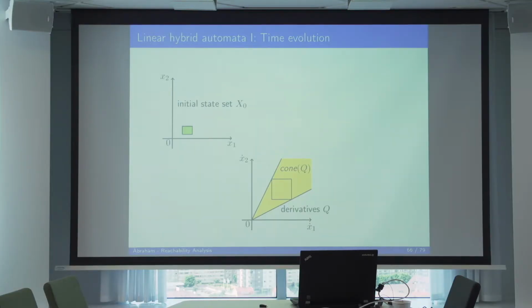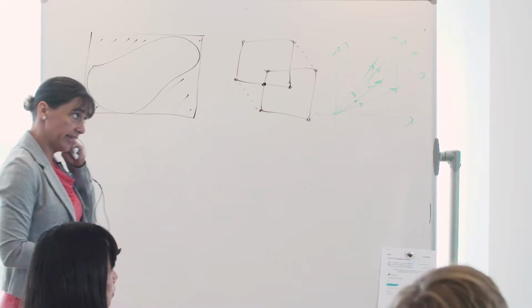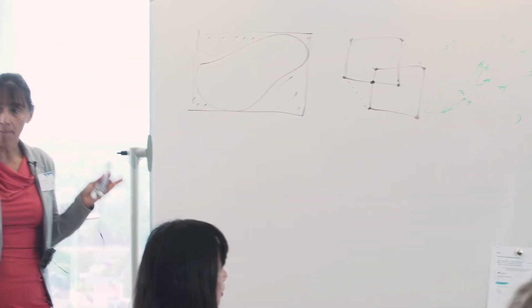It is the Minkowski sum. So I take this and add up this cone to all points of the initial set. And then I get this green area. And this is the sign for the Minkowski sum computation. OK, so this is what I can reach by time, unbounded time.